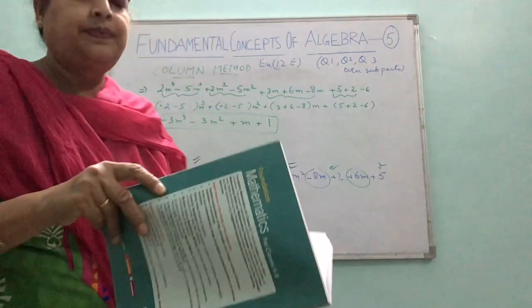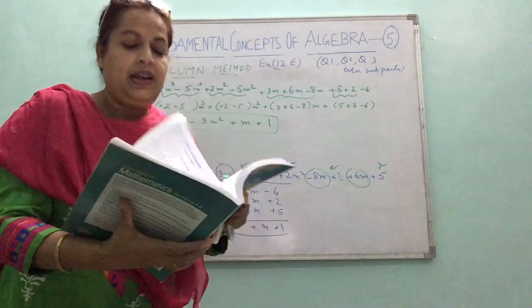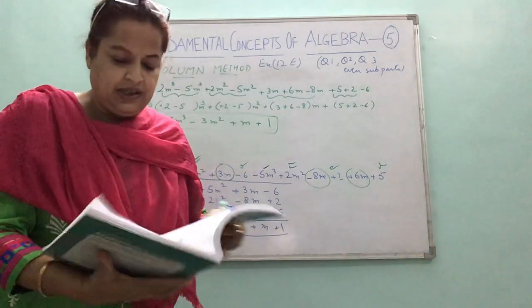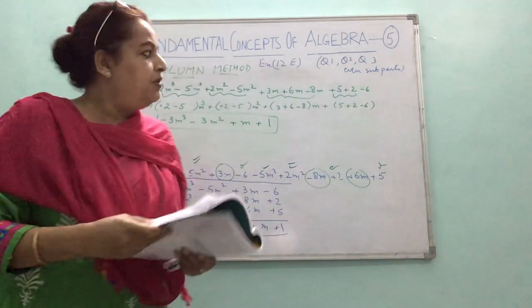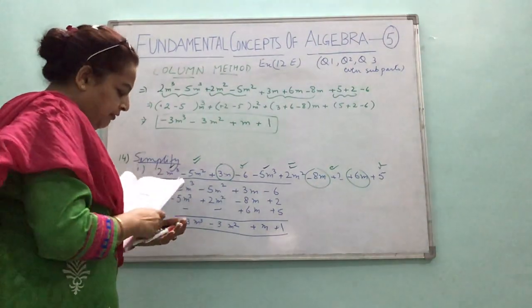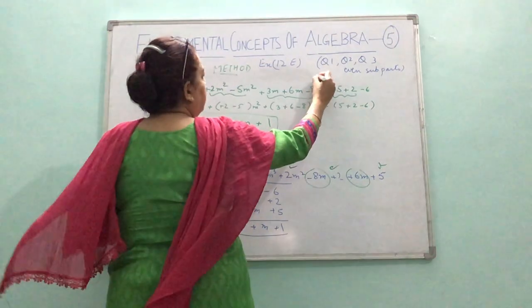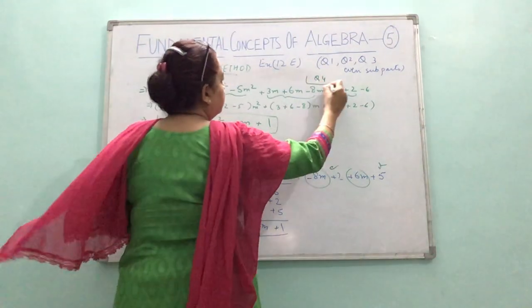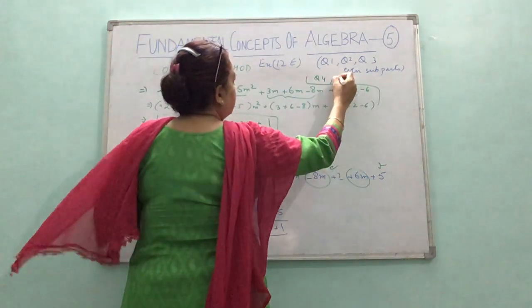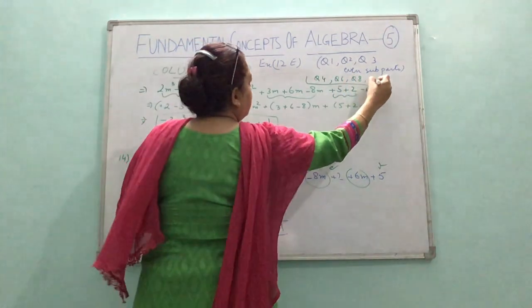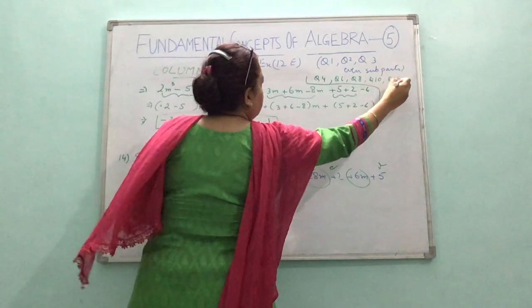Let's see. Okay. Any more question? Till question number 14 is there. So now children, your assignment: I have written question number 1 to 3 even parts. Then question number 4, question 6, question 8, question 10, question 12, right?